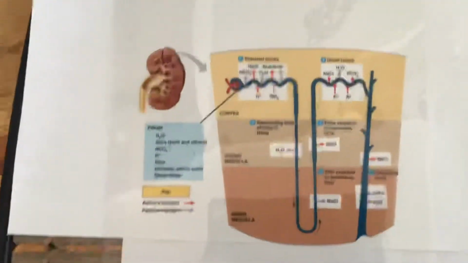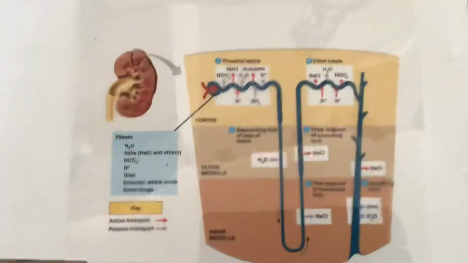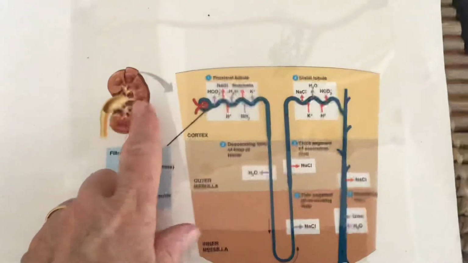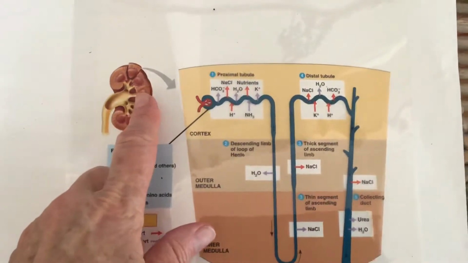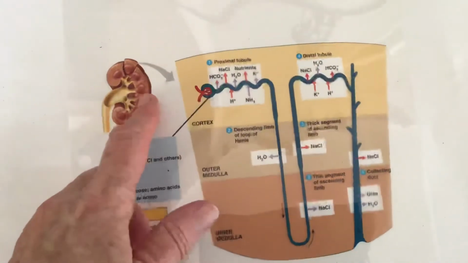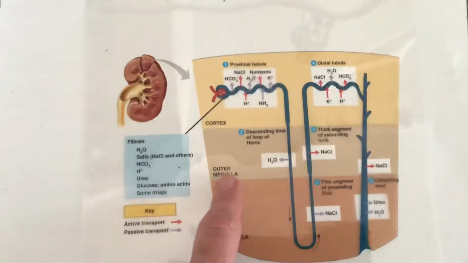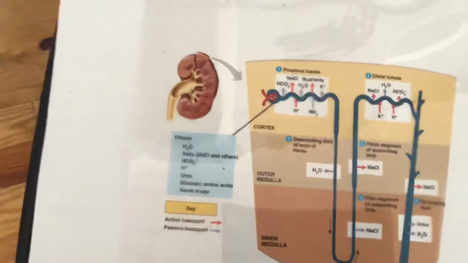Okay, so just looking at this overhead of the kidney, you can see this is the outer part, or the cortex, and then the inner part is the medulla. Notice there's two layers of the medulla as well.